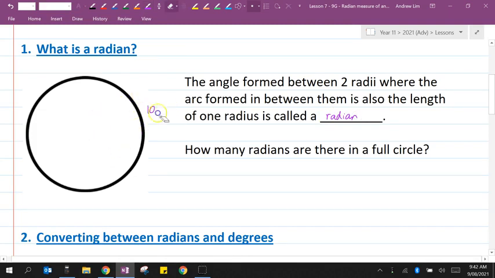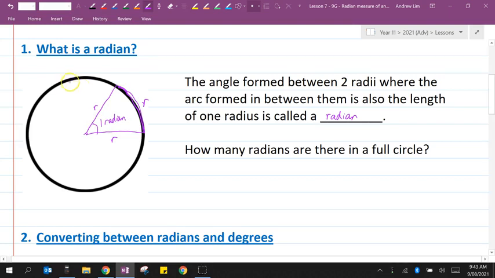Now I'll try and make this a little bit better. So if we've got 1 radius here, and the arc length is also the same length as the radius, then here, that is 1 radian. So you might be asking, how many radians are there in a full circle? Well, that's a really good question to ask.